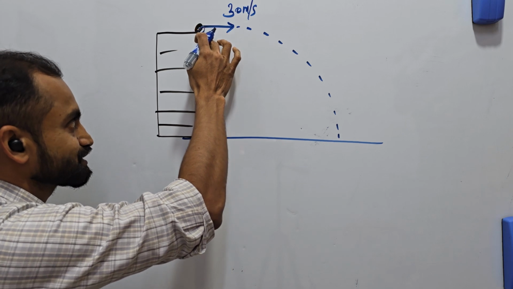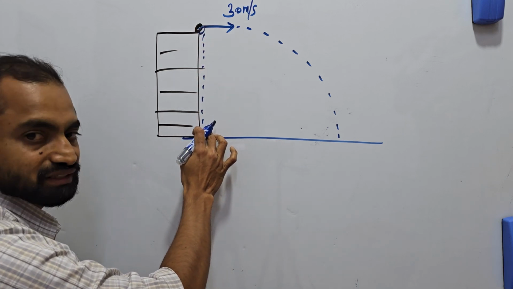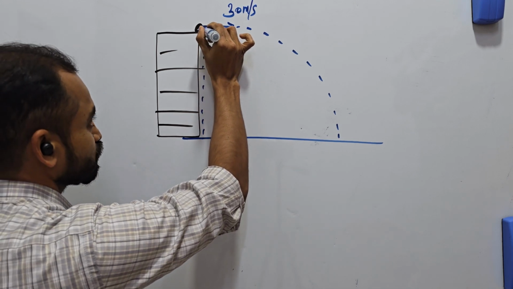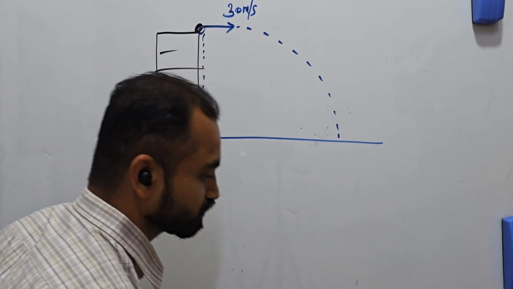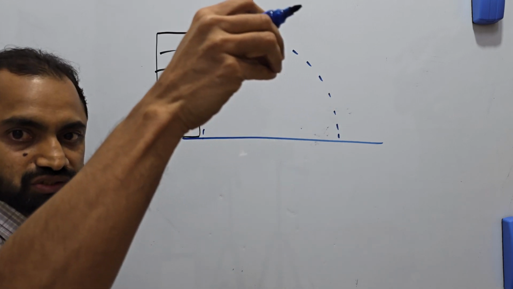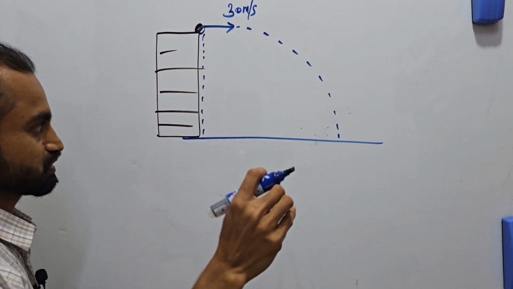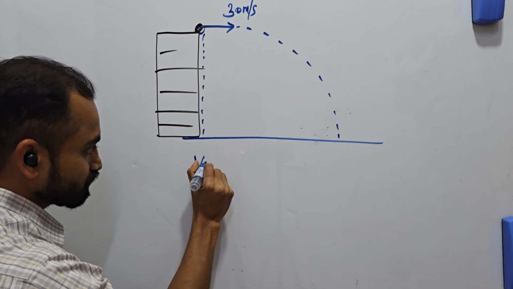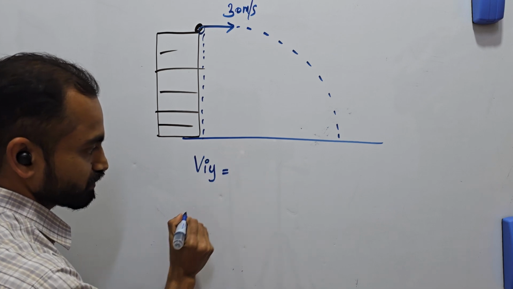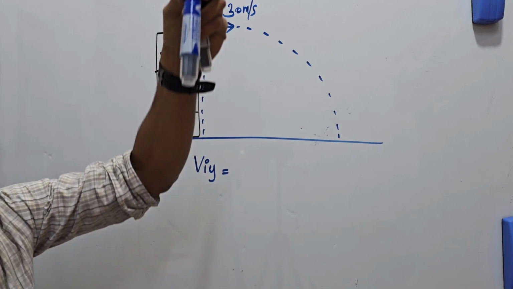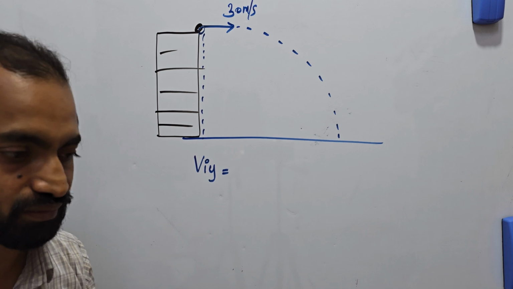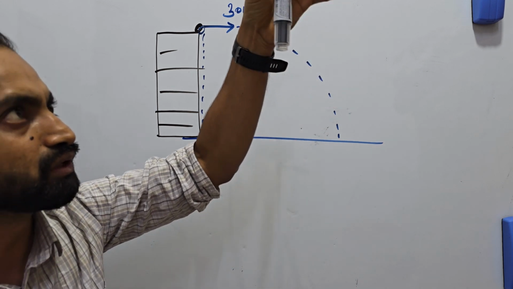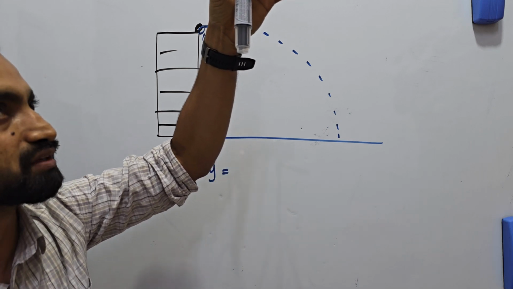Because this is the vertical distance, right? For example, when you drop an object, you are not throwing down. You are just dropping the ball. So when you drop the ball, what is the initial velocity along the y direction? When you drop, how many times was I telling this in grade 9?